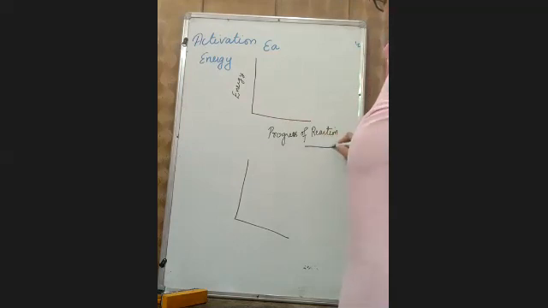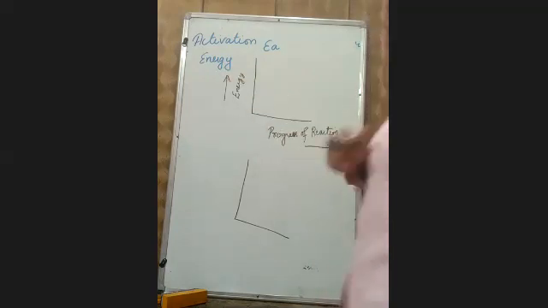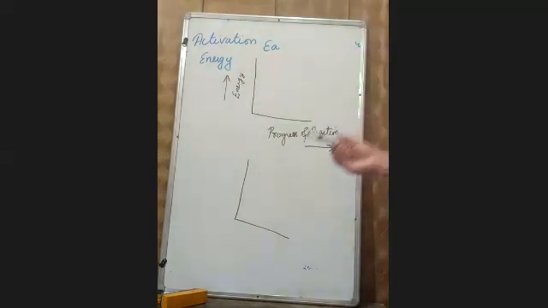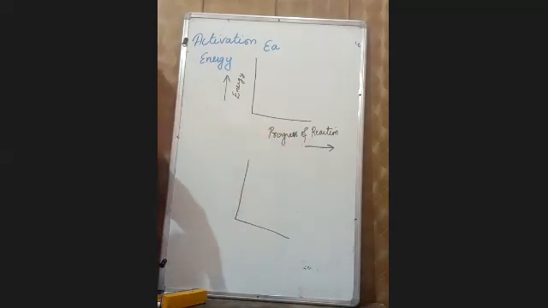On the x-axis, progress of reaction. On the y-axis, potential energy or energy. With the graph, you will understand this concept. Progress of reaction means the reaction is going on, reactant is converted into product.